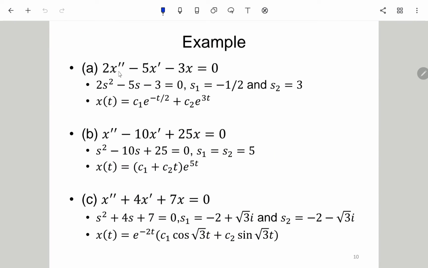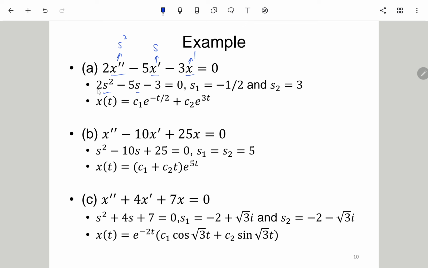For the first case, 2x double prime minus 5x prime minus 3x equals 0. To write out the characteristic equation, or auxiliary equation, we change the second derivative to s squared, the first derivative to s, and the original function to 1.